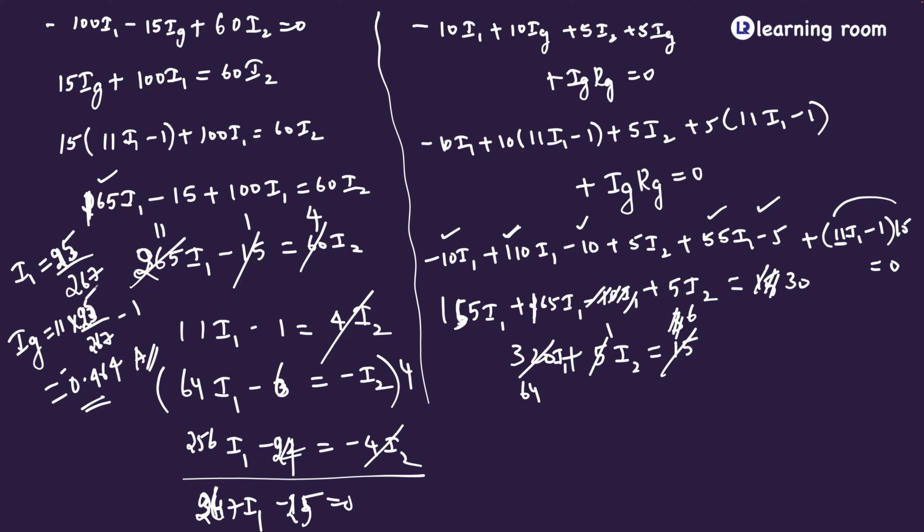This will be 25. So 11 into 25 is 375. Okay, let me check. So 375 minus 267 divided by 267. 0.404 is what I'm getting. 0.404 ampere is what is coming.